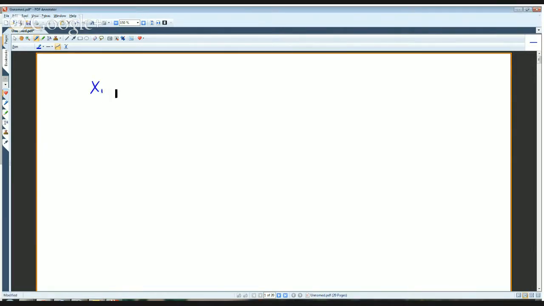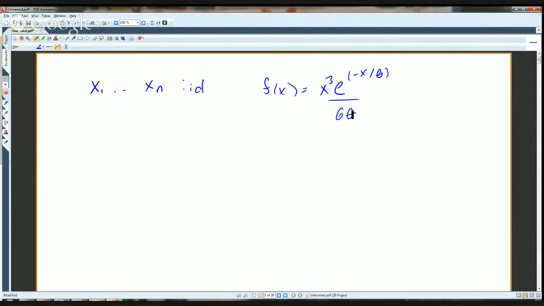X1 to Xn are IID, and f of x equals x cubed e to the negative x over theta, divided by 6 theta. You have to check and make sure that that's a proper density. Okay, so that's the start of the question, and then it continues on.